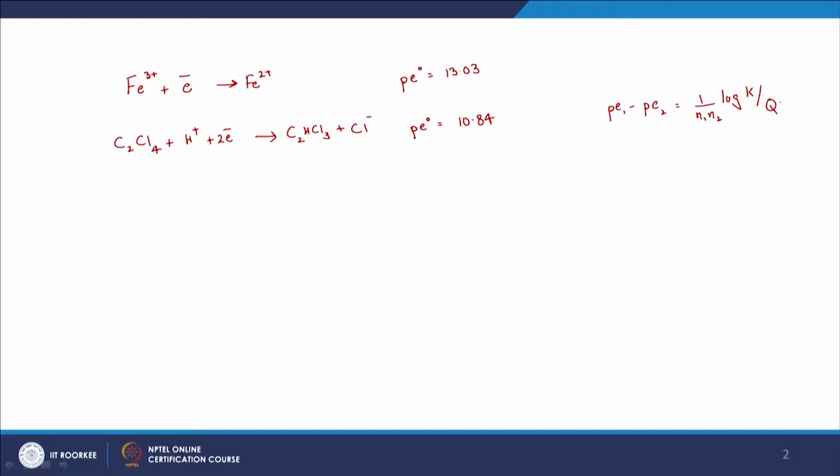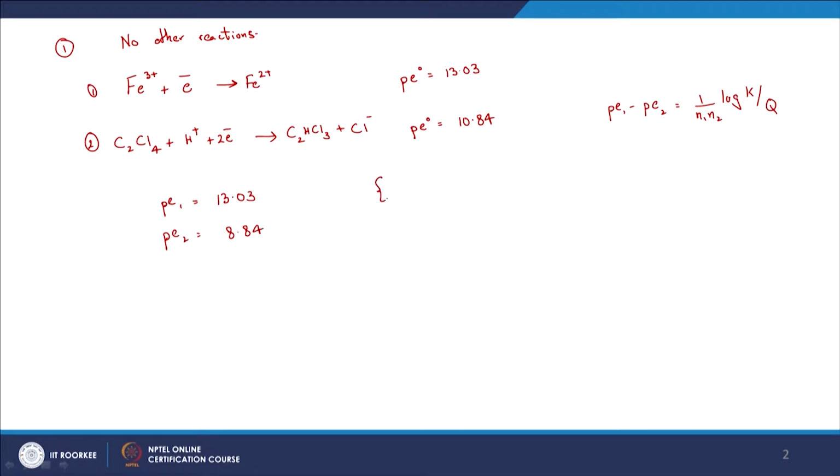So let's go back to our example here. The first case we considered was that there were no other reactions other than redox. I believe we calculated the PE value for this half reaction and the second one too: PE1 came out to be 13.03 and PE2 came out to be 8.84.